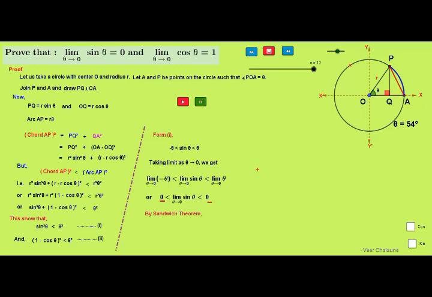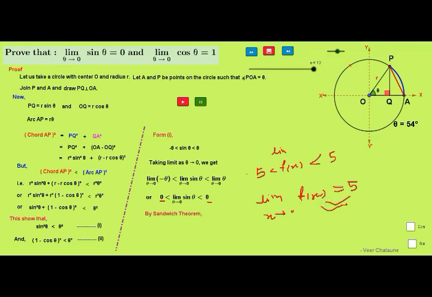According to the sandwich theorem, suppose 5 is less than f(x) which is less than also 5, then the limit as x tends to 0 of f(x) gives us the value 5. So this is the rule according to the sandwich theorem.